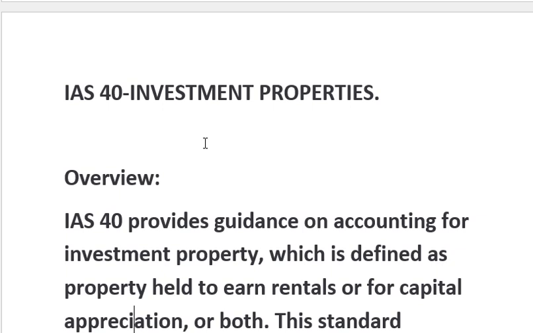In other words, they are properties that are being held for investment purposes. For every investment that you engage in, you are expecting what we call a return.